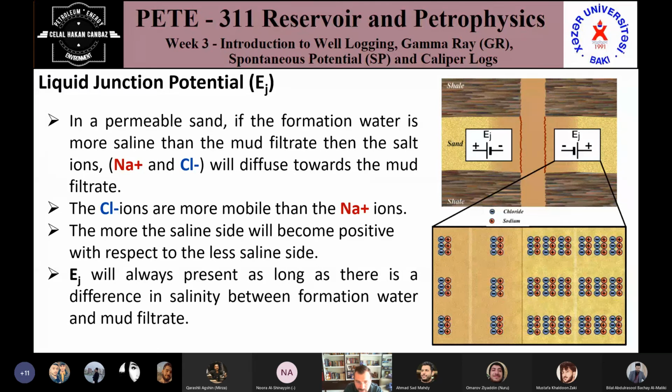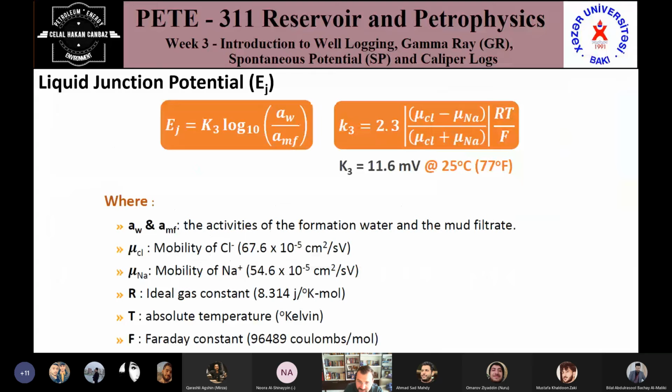Around 1/5 of the membrane potential. For the liquid junction potential, the formulation is given as can be seen in the slide.